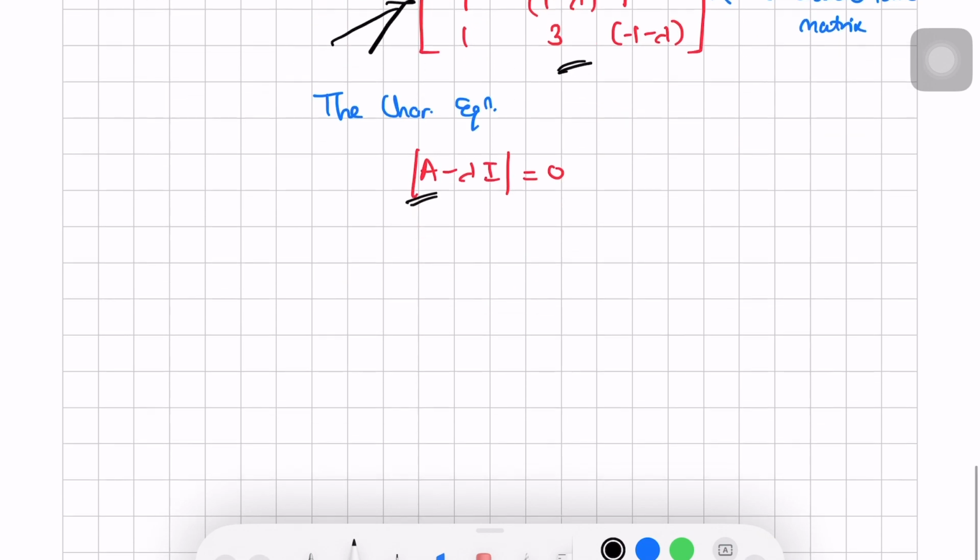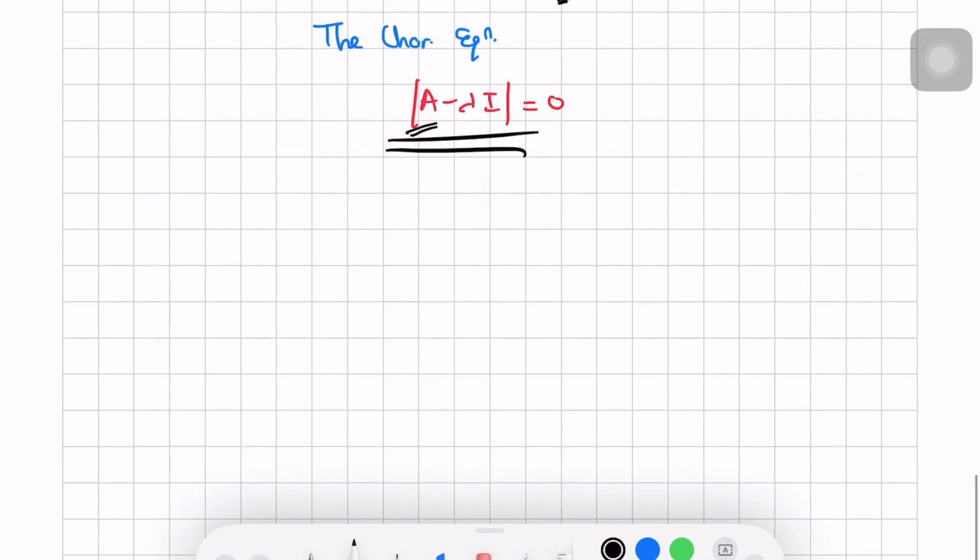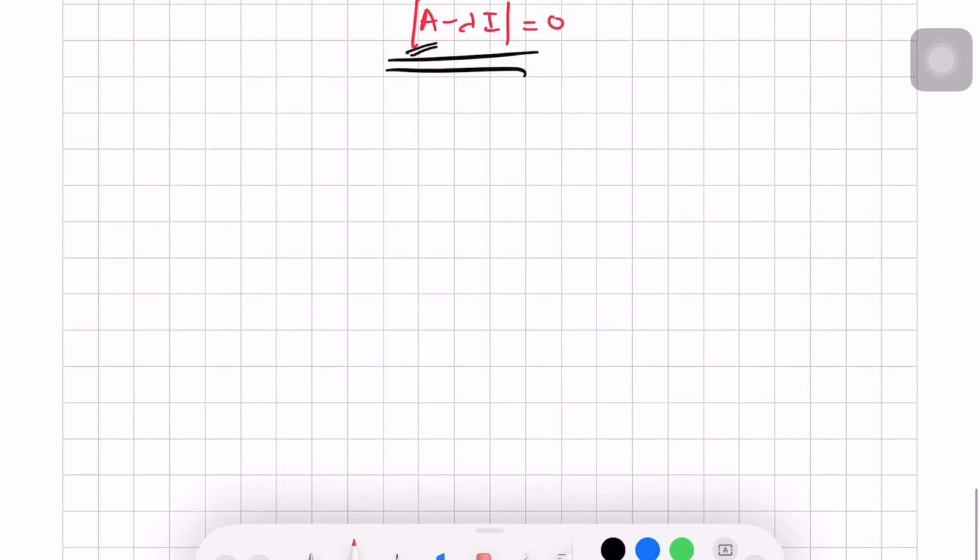So the shortcut that you need to remember to calculate it for any 2 by 2 or 3 by 3 matrix, I am giving below. So please note this down. This is important. This is a shortcut to find the characteristic equation.